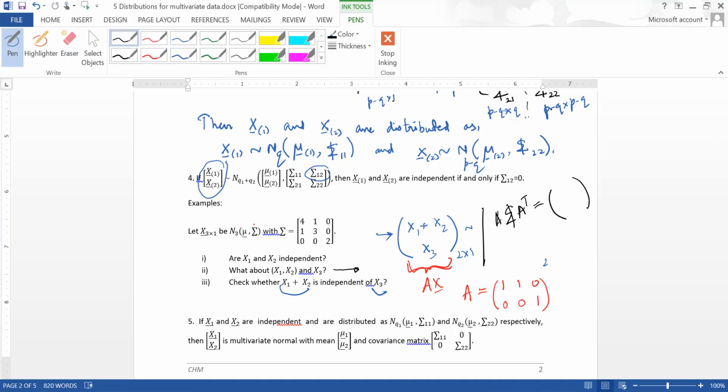It's a 2 by 2 matrix because we are finding the distribution of two linear combinations, so simply a 2 by 1 vector. So it's a 2 by 2 matrix, A sigma A transpose. Yes, Tarushi, correct.